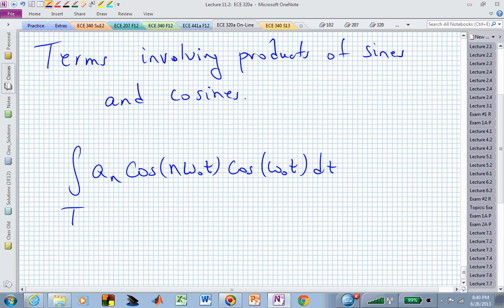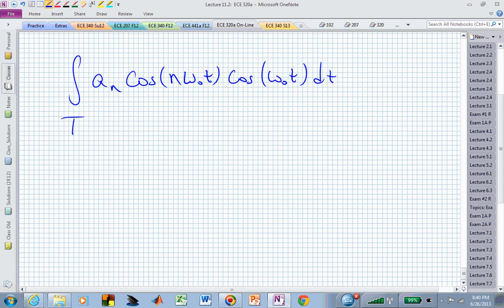We could rewrite that product of cosines using the trigonometric relationship for the product, and we end up with this 1/2 factor.